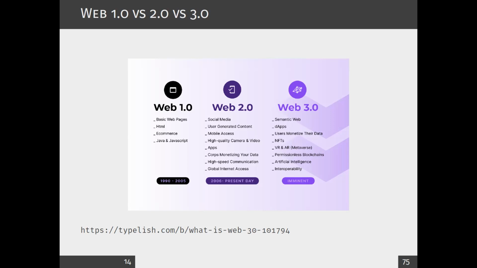But what do we expect in the future? We have semantic webs, DApps, users monetizing their data, NFTs, VR, AR, what we call the metaverse, permissionless blockchains, artificial intelligence, and interoperability. So this is what we expect in Web 3.0.